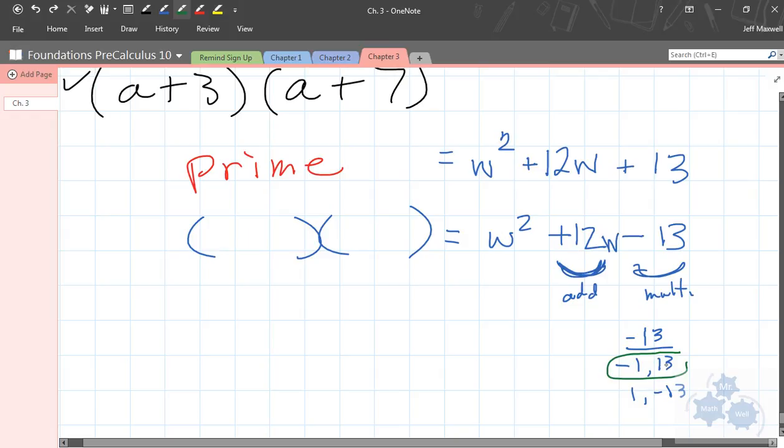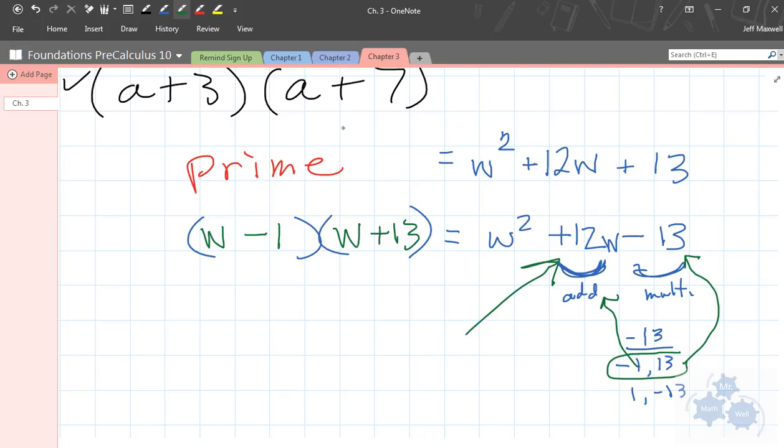So these are the numbers that add up to 12 and that multiply to negative 13. So we would do W minus 1 times W plus 13. So this one is factorable. Okay, those are the two factors. This one right now, you can just say that's prime. It's not factorable. You can just say that for now.